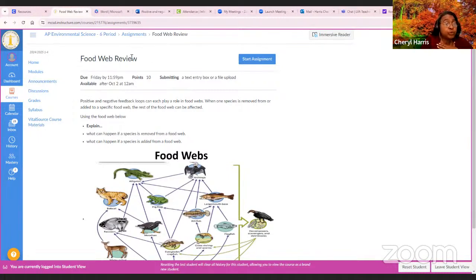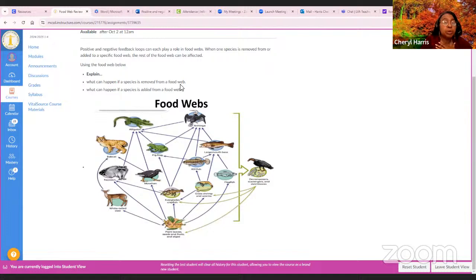So you're doing an essay assignment here. Make sure that this is worth 10 points. Make it a good 10 points. It's divided into 5 points for the first part and 5 points for the second part. You are to discuss, in terms of it being positive or negative feedback, what happens when we remove a species from a food web, using this particular food web.